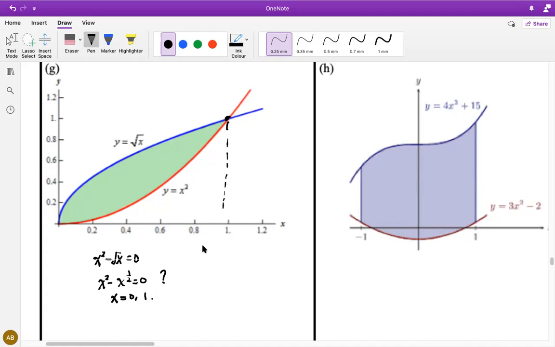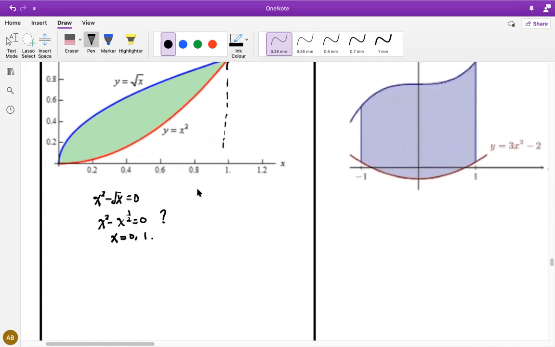So I want to find the area of the shaded region. So I use above minus below, right? So the area is from 0 to 1, square root x minus x squared dx. Okay, so it's from 0 to 1, x to the power 1 over 2 minus x squared dx.